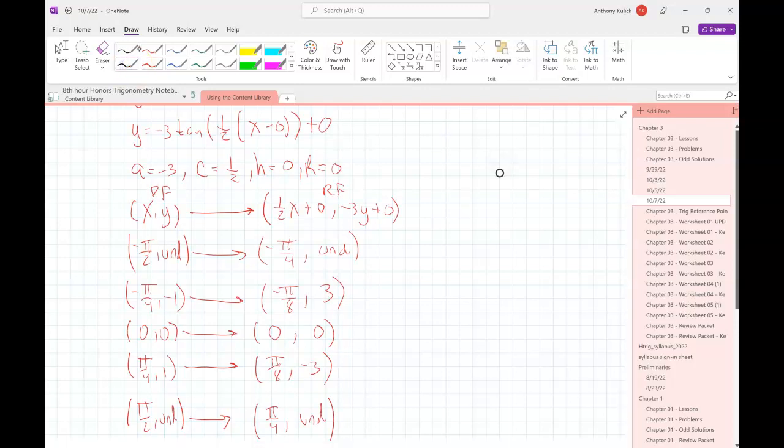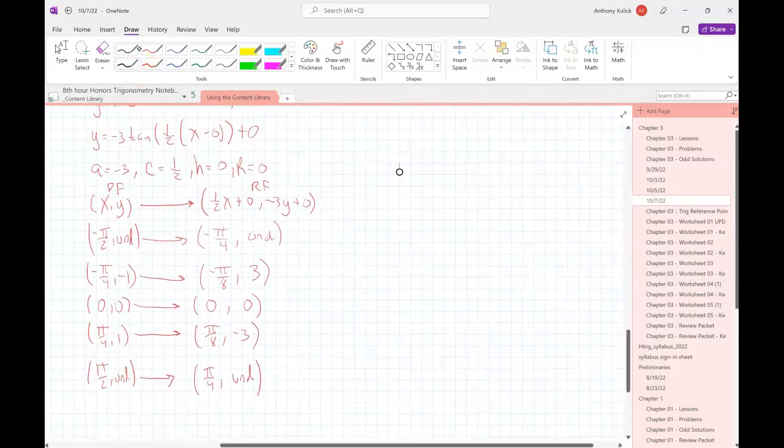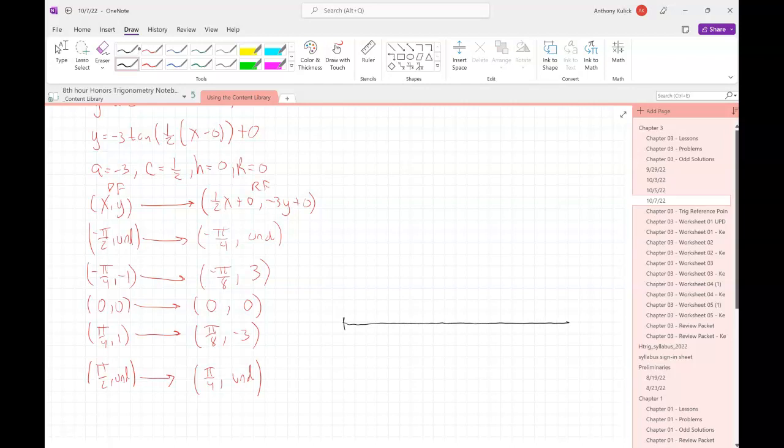Okay, so let's go ahead and graph this. The typical window I'd graph this is from negative 2 pi to positive 2 pi. So I'm going to go by eighths. So 0, 1, 2, 3, 4, 5, 6, 7, 8.